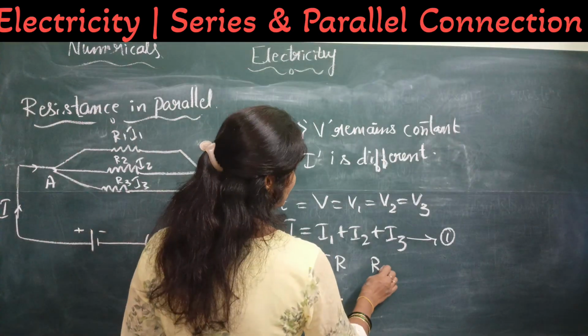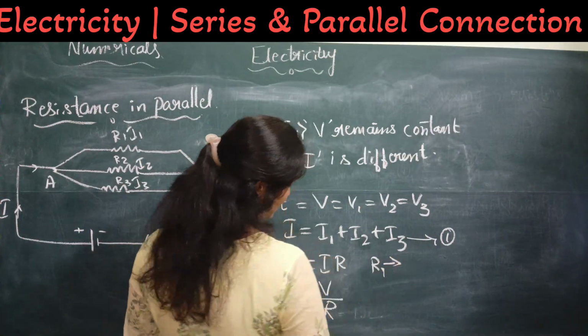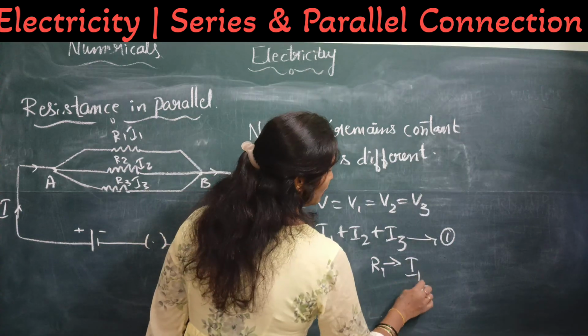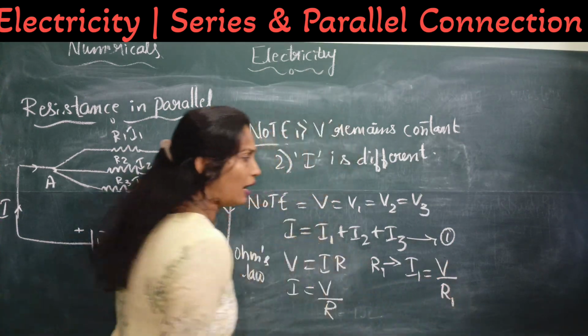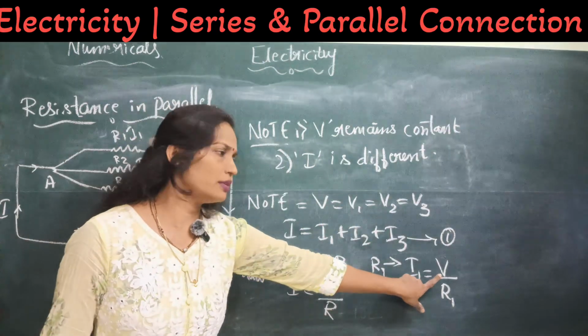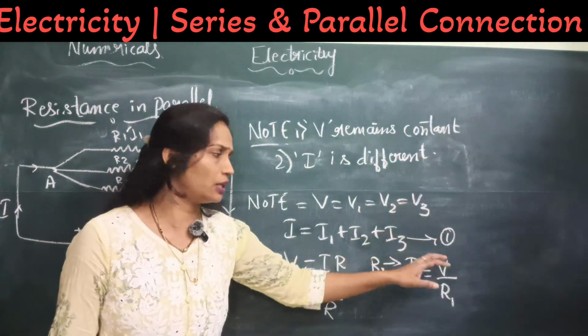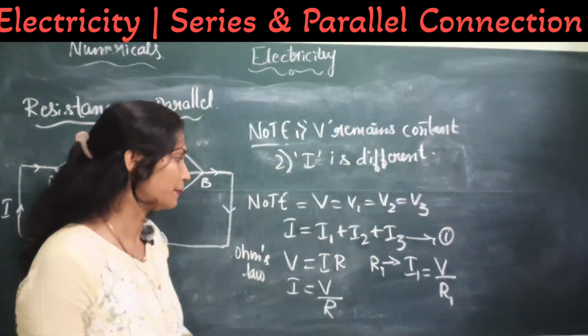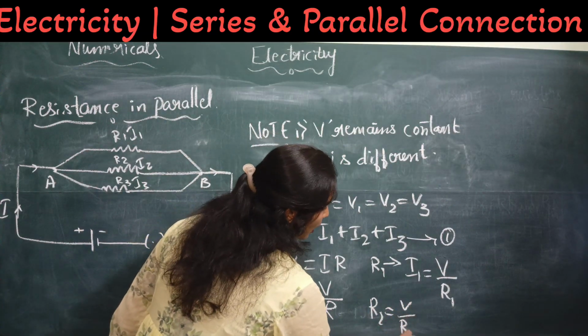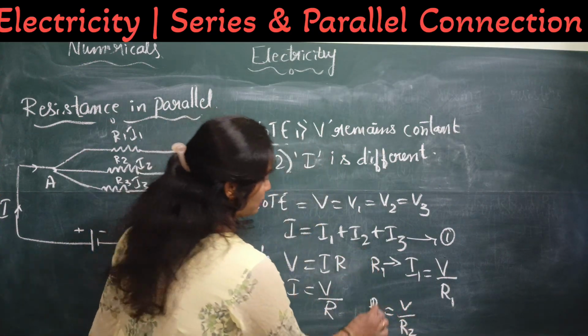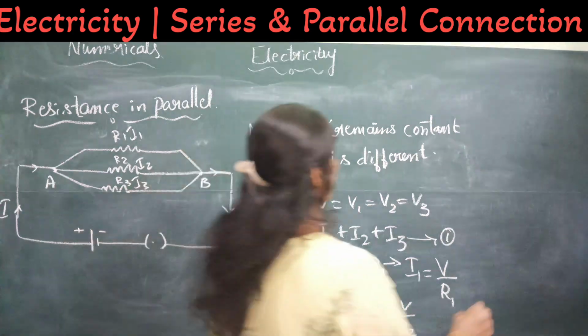For resistance R1, I1 is equal to how much, guys? V divided by R1. I can take V, no need to take V1, V2, V3 because V is constant. And for R2, I2 is V divided by R2.